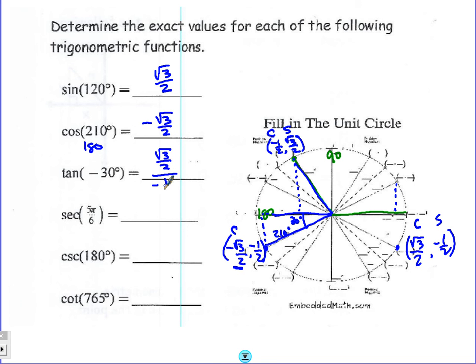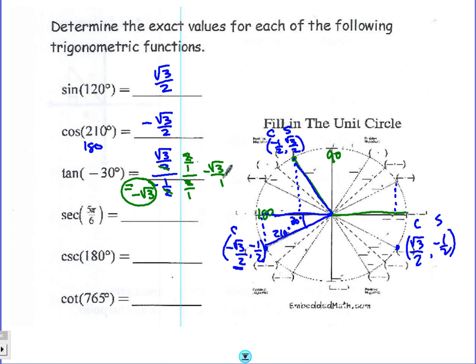Now the 2's simplify out. I can just say times 2 over 2, and the 2's simplify, so I just get root 3 over 1, or negative. So my answer for this one would be negative root 3.